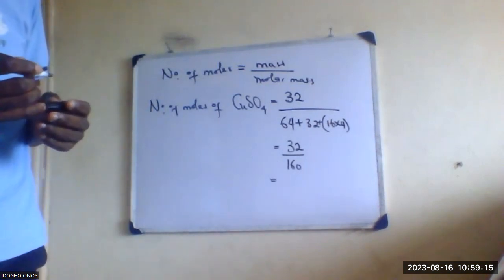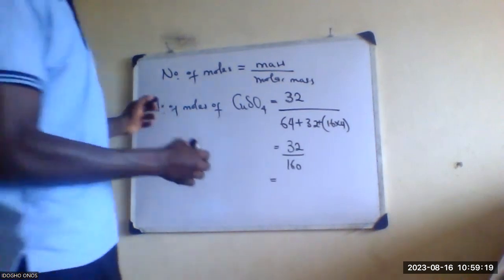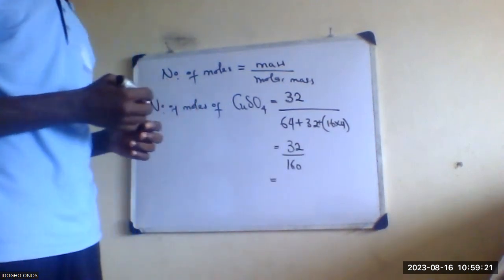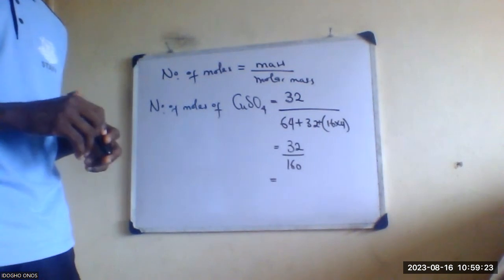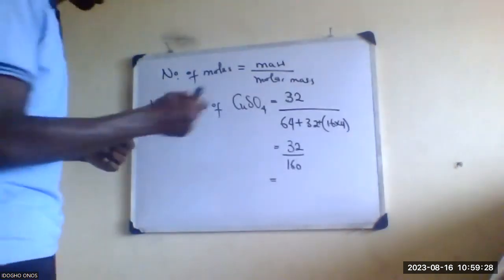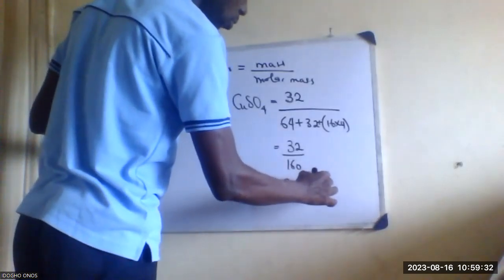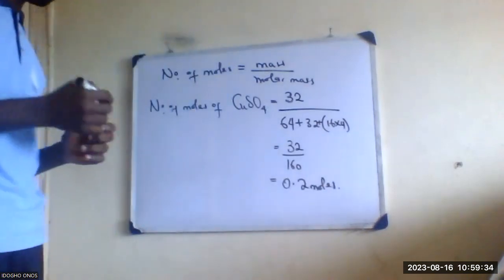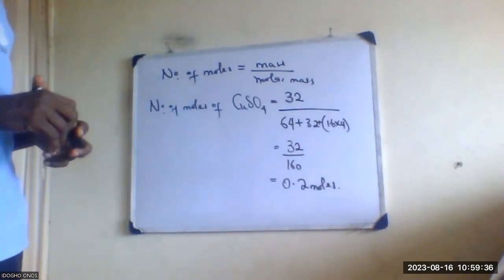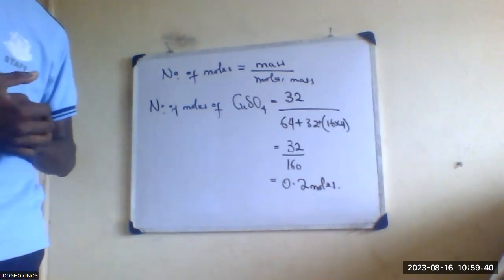Then 32 divided by 160 should give me, are you with the calculator there? Or you can use your phone. That should be 0.2 anyway. 0.2 moles. Any question? No, no question.